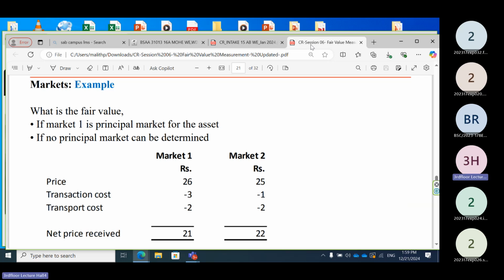Transaction cost 3 and transport cost 2, right? So we are not deducting the transaction cost, we are deducting only the transport cost 2. That's about 24. 24 is the market fair value.